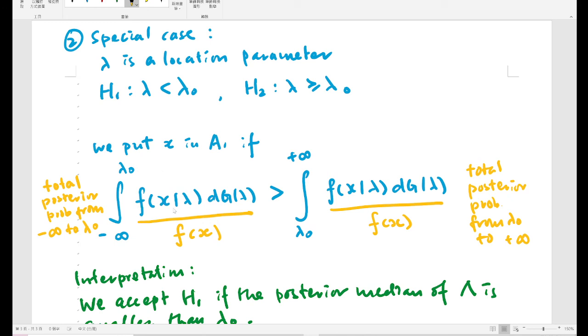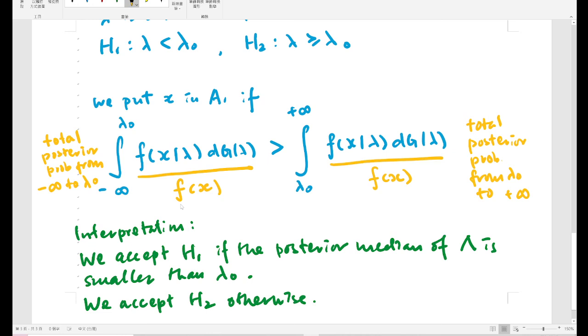So in this simple situation where we have only two composite hypotheses, we could have an interpretation of our result. So what is the interpretation? For example, on the left-hand side, this integral represents the total posterior probability from negative infinity to lambda 0, right? And the right-hand side is the total probability from lambda 0 to positive infinity.